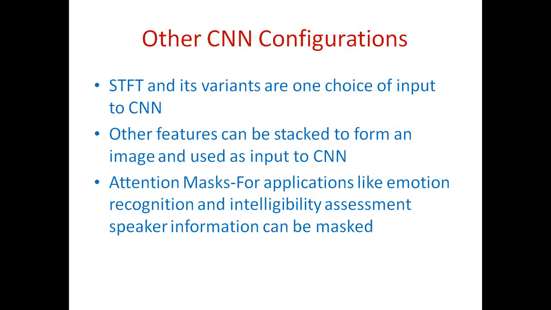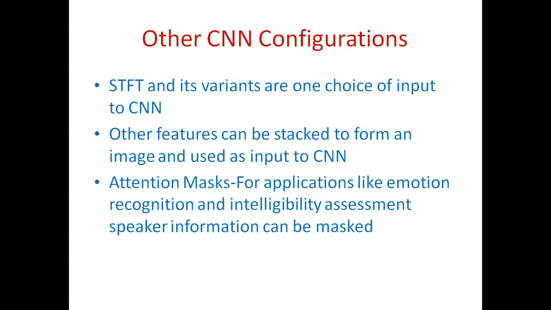And one can also try other CNN configurations. We have not tried these, but for the future, we have some plans to try these things. Instead of the STFT spectrogram, which is used by many people, of course, we tried STFT MEL and other three-layer structure also.